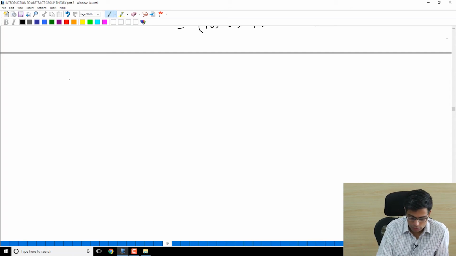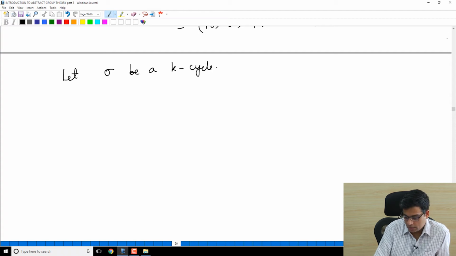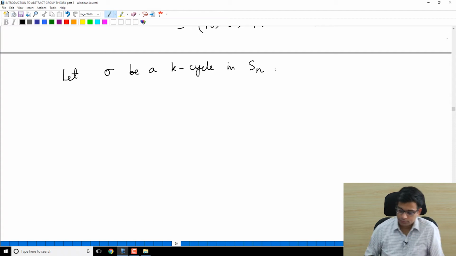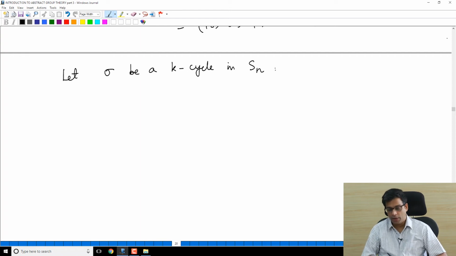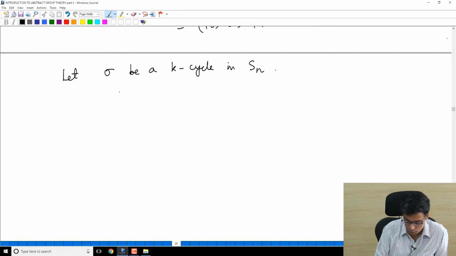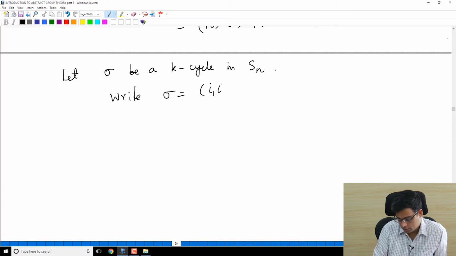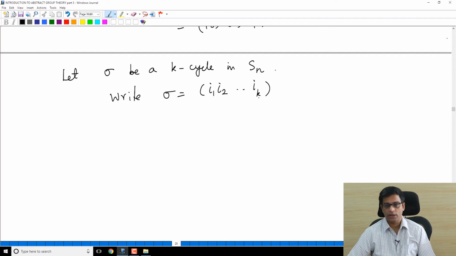So some other properties of cycle decomposition. So consider a k-cycle in Sn. Let sigma be a k-cycle in Sn. So we can write sigma as (i1 i2 ... ik). I must stress here that not every element is a k-cycle by itself.